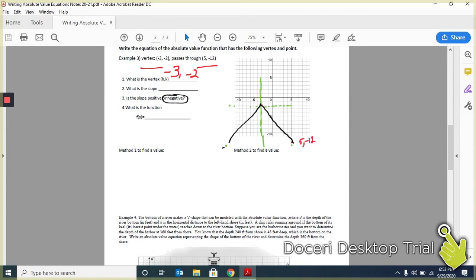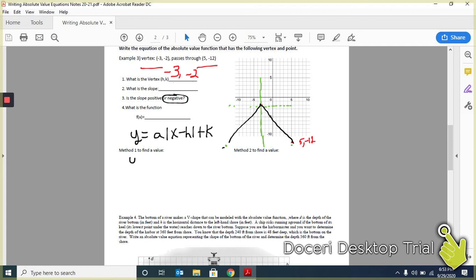So now how do you find the slope? There's 2 methods. Since I have 2 points, the first method I will show you is to use the actual equation that you have. So for example, if this is h, k and this is x, y, if the equation says y is equal to a times the absolute value of x minus h, plus k, then I can use the numbers I have to fill it in.